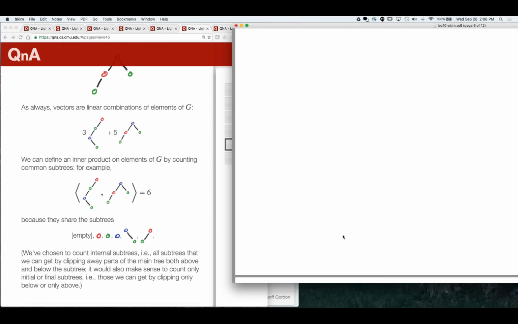So if we have 3 times red, green, blue, green, plus 5 times blue, red, green, green, right? So that's one vector, and we want to add it to, let's say, 2 times the subtree red, green, blue, green, minus 7 times the subtree red, green, green, right?